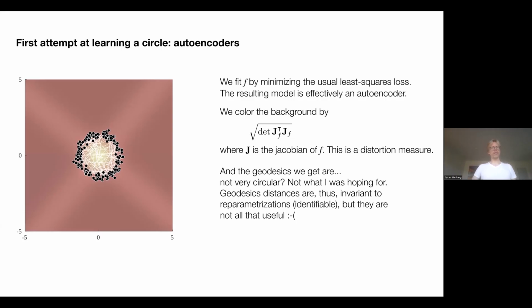And what they are is that they are paths that just cut across the hole in the circle. So clearly they are not capturing the circular structure of the data. So these geodesics may have nice mathematical properties, but they are not reflecting what's actually happening in my data. So I've constructed a beautiful mathematical theory that's completely useless. It has no resemblance to my data. And that's kind of unfortunate.